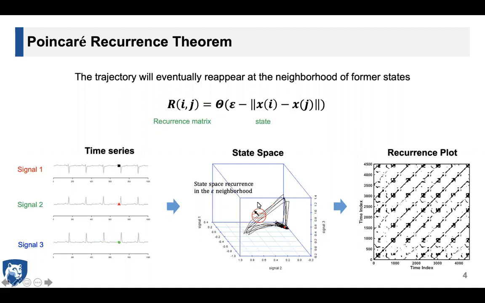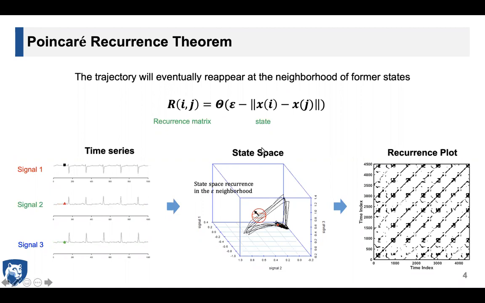The recurrence theorem indicates that the trajectory will eventually reappear in the neighborhood of a former state. Here we have a sphere indicating the epsilon neighborhood. In the formula shown here, R stands for the recurrence matrix, and i and j denote 2 different states.